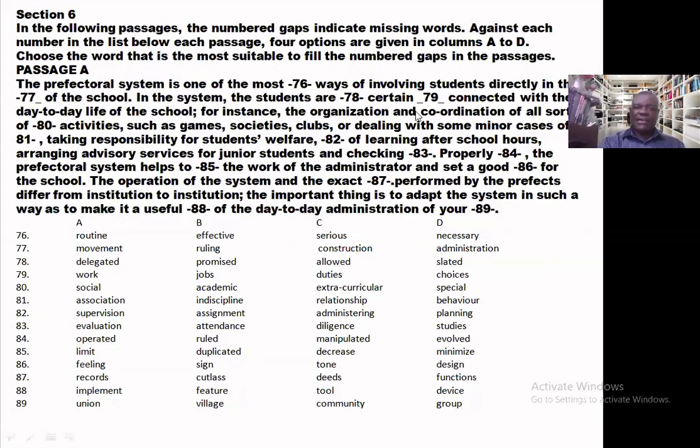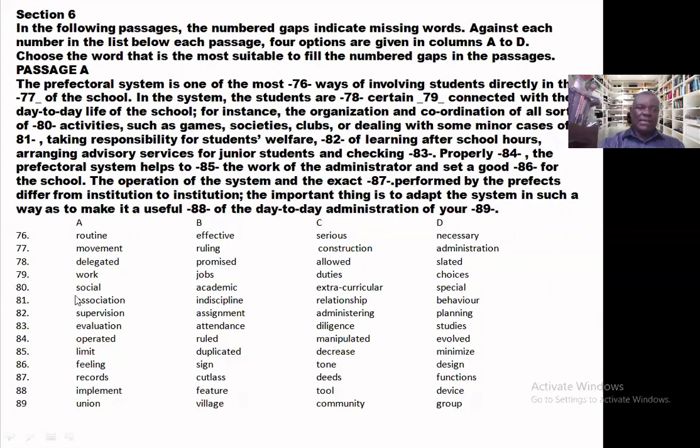For instance, the organization and coordination of all sorts of dash activities such as games, societies, clubs, or dealing with some minor cases of dash and dash, okay? What kinds of activities are games? They are extracurricular activities. So social, no, academic, no, extracurricular, yes.